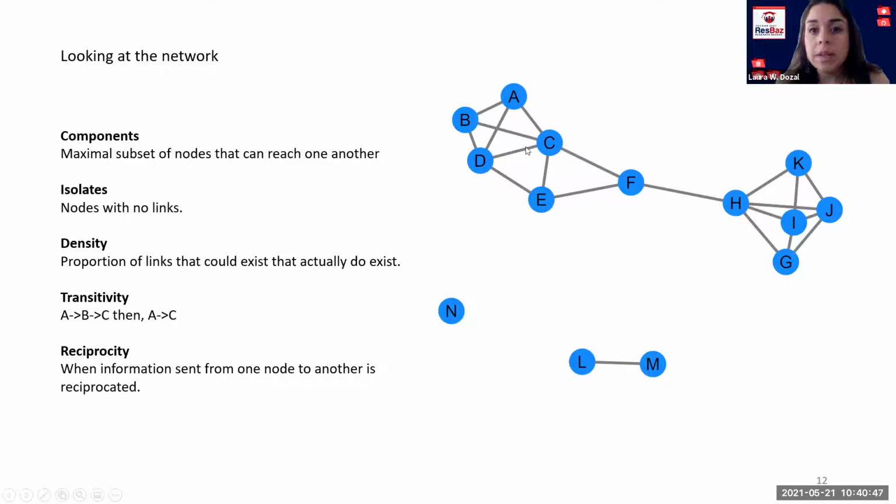C would have a higher eigenvector than, let's say, F, because F is only connected to these 3.